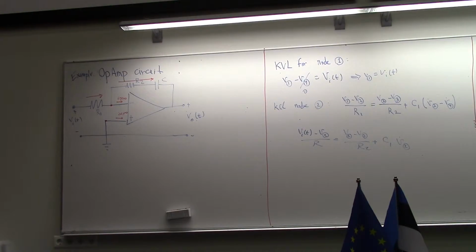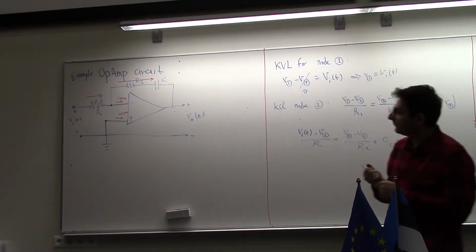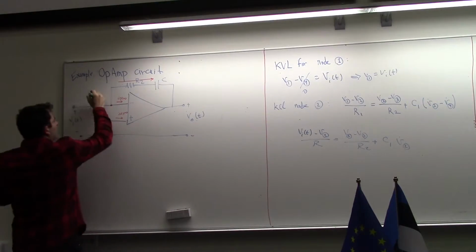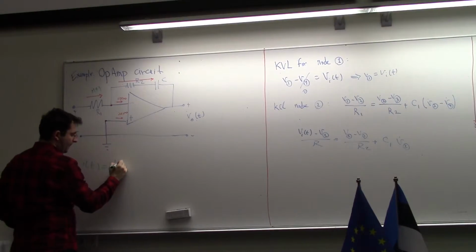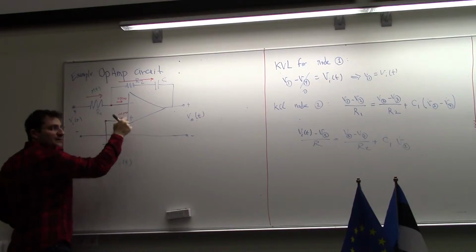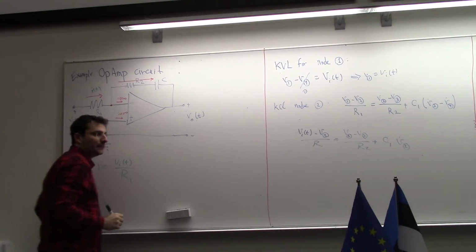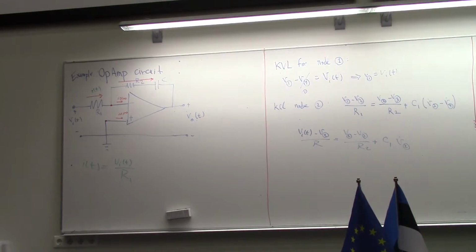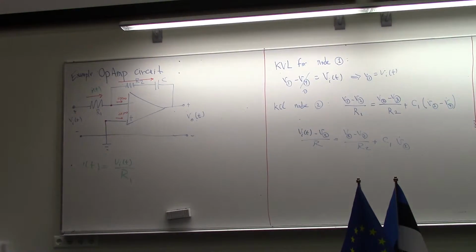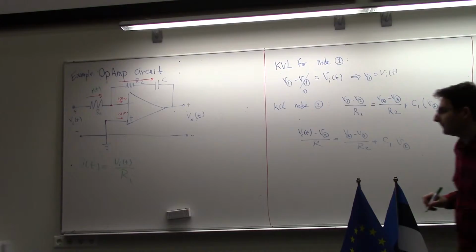What is the formula for the current? Let's call it I(t). I(t) is equal to V positive minus V negative, which is 0, divided by R1, right? Now, we can write the same thing for the upper part.